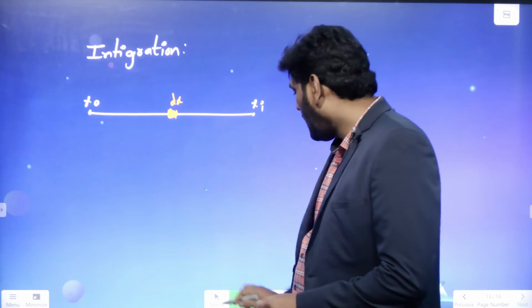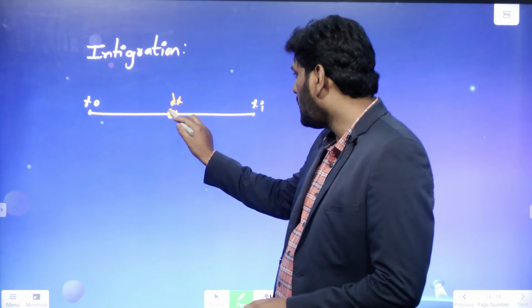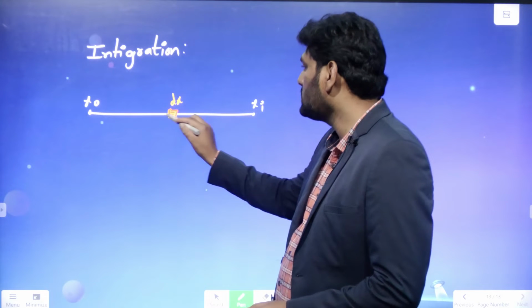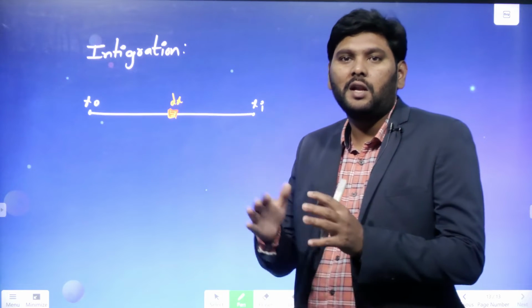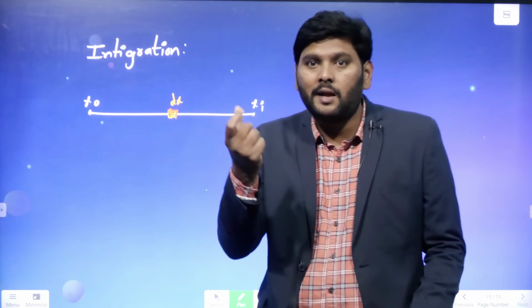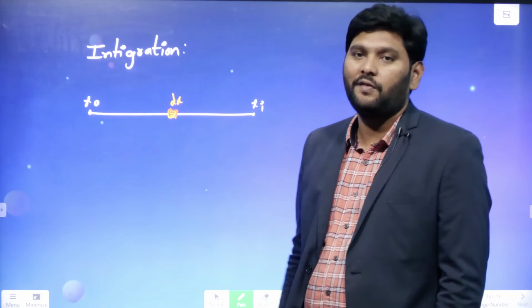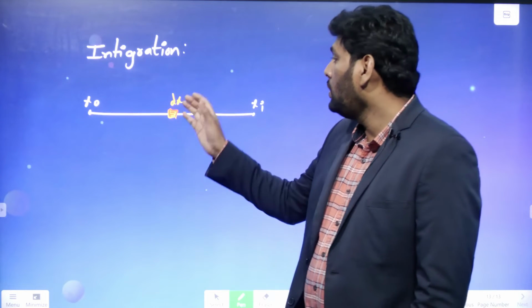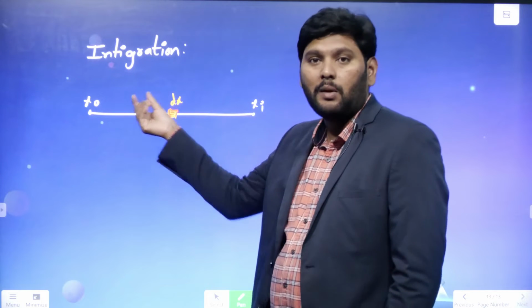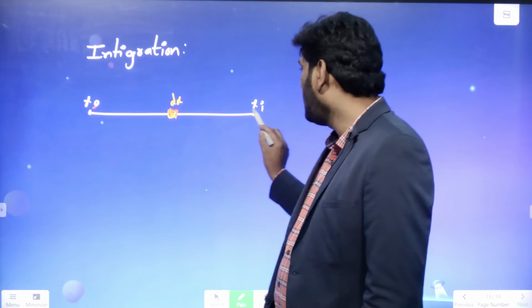Now what is meant by integration? Integration is nothing but adding these small parts. You can divide the whole length into n small parts, right? Adding all those n small parts is integration. But you add them from where to where? From x0 to xi.